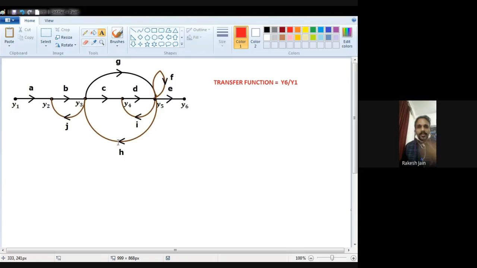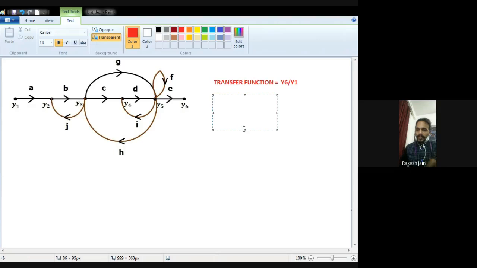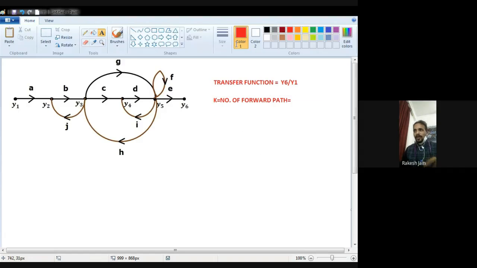So what is the formula which we have to use? First of all, we have to find how many k there are. K is the number of forward paths, as I told you in the formula. What is the meaning of forward path?